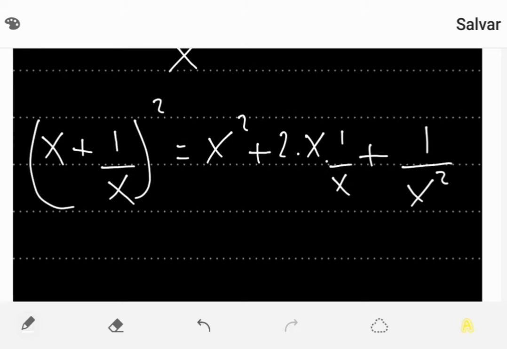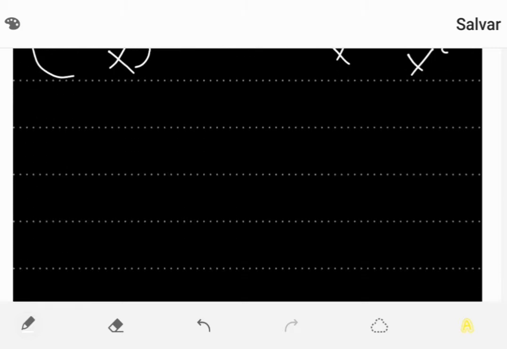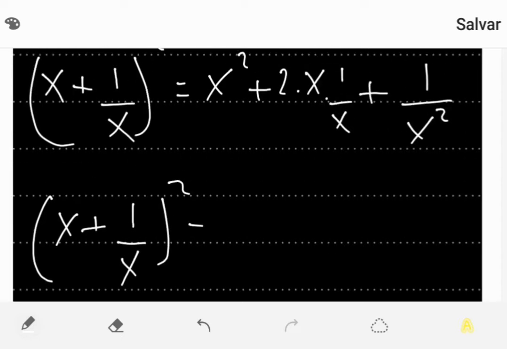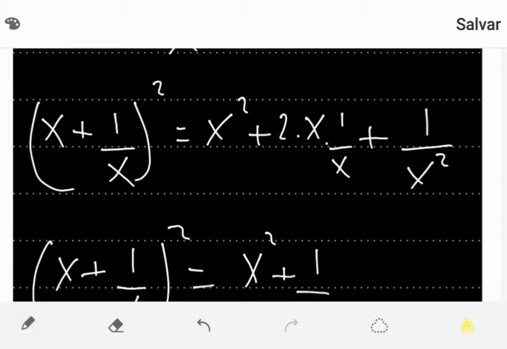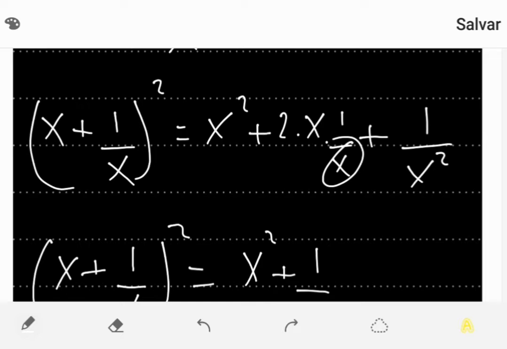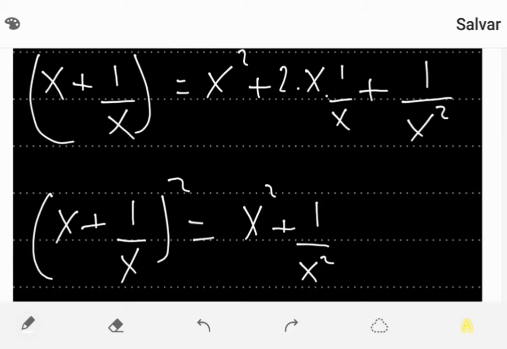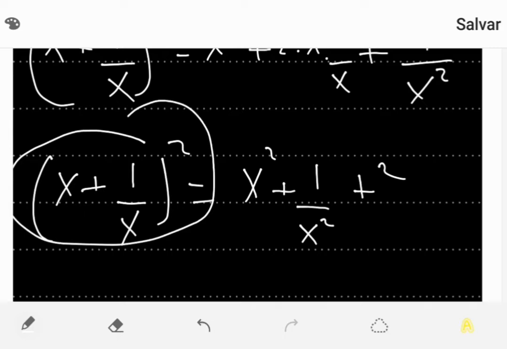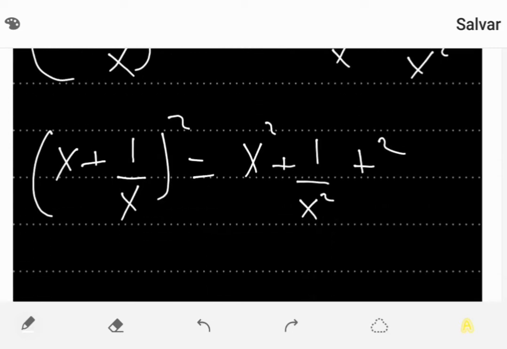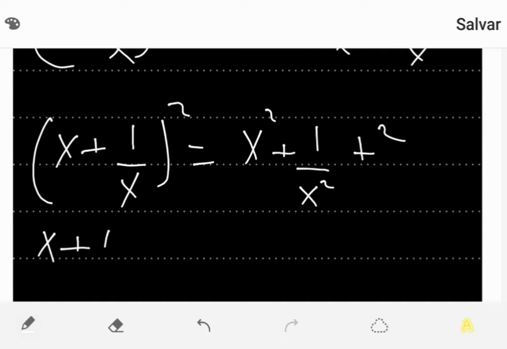So the first piece of information is that x plus 1 divided by x, squared, is equal to x squared plus 1 divided by x squared, and here x times 1 divided by x is 1, multiplied by 2 is 2. Okay, but what is this? Well, x plus 1 divided by x is equal to t.